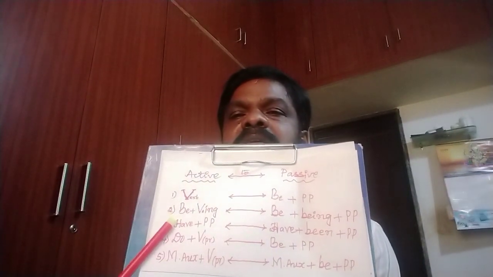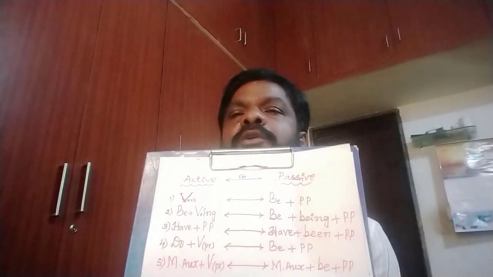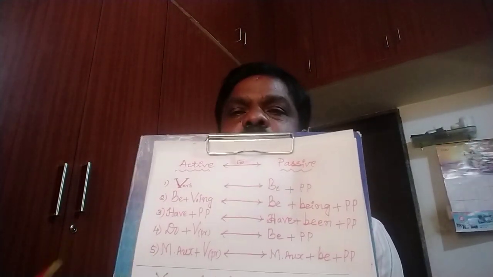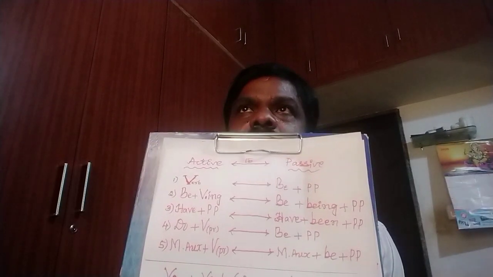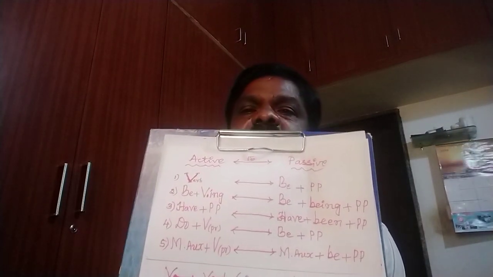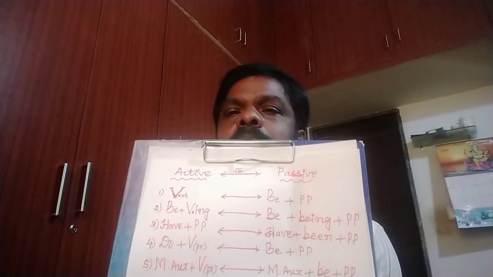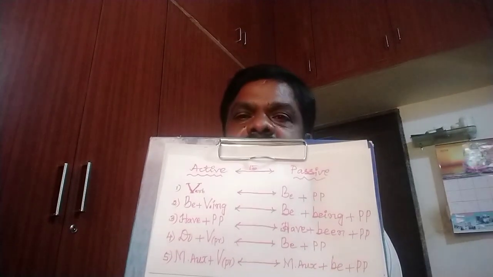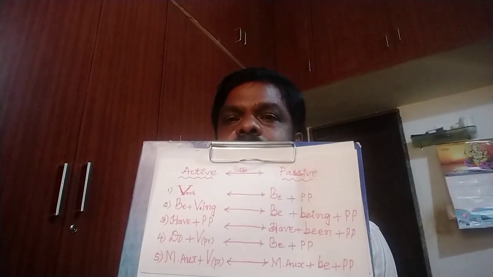If there is the verb have plus past participle, you have to take have plus been plus past participle. If there is a modal auxiliary plus verb, you have to take modal auxiliary plus be plus past participle of the given verb.